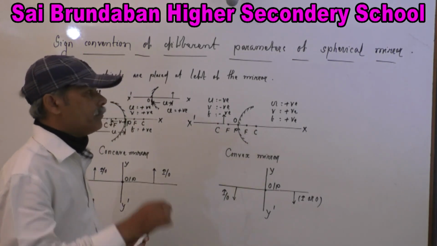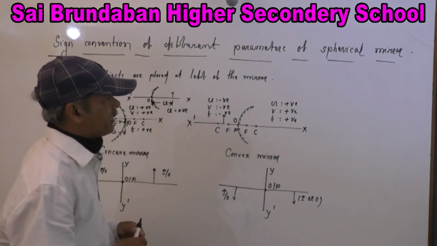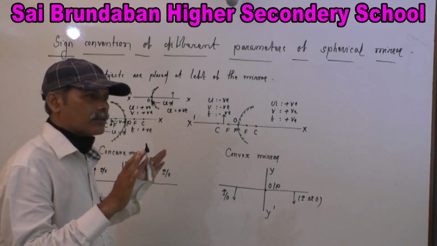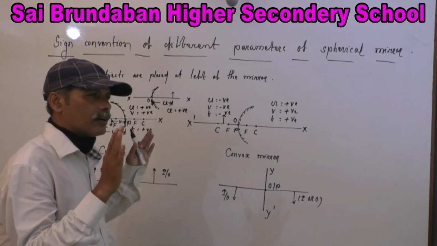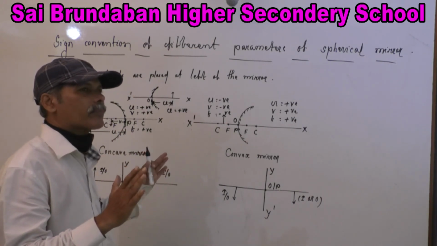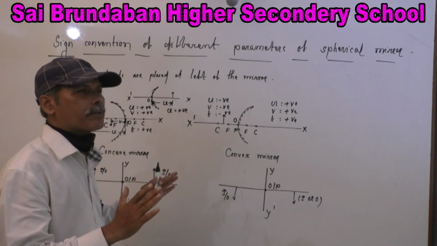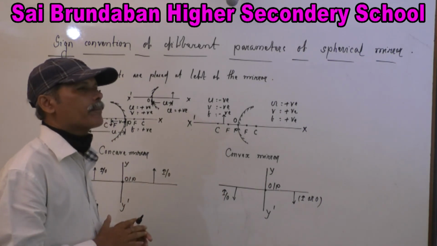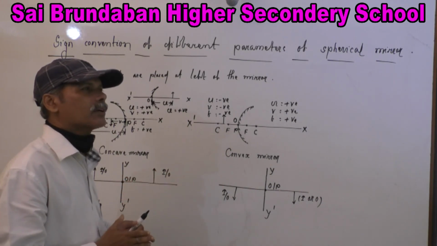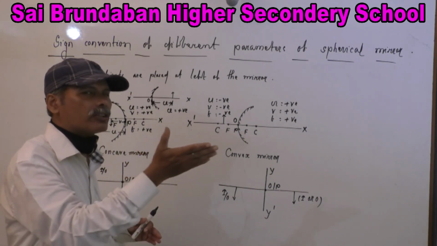But one thing you have to remember, the image distance and object distance are taken as positive if measured along the direction of incident ray.